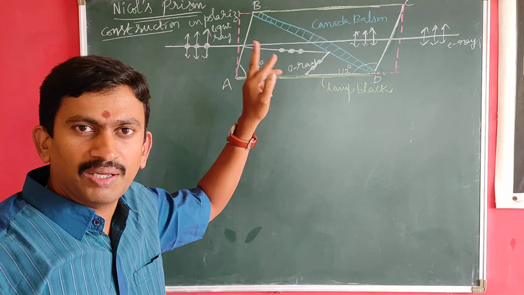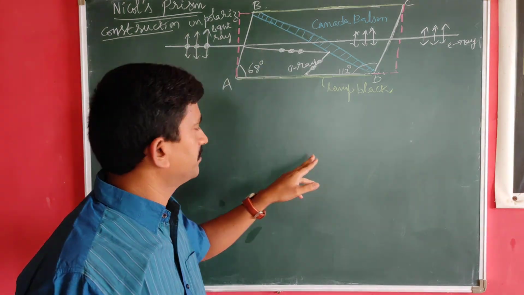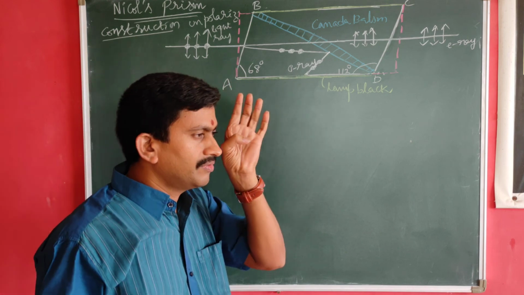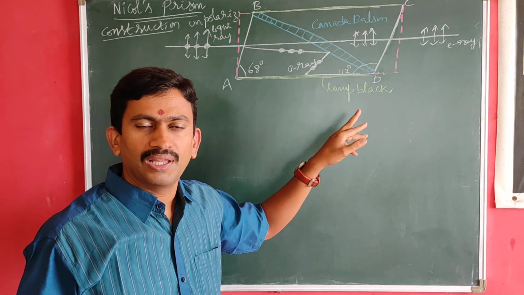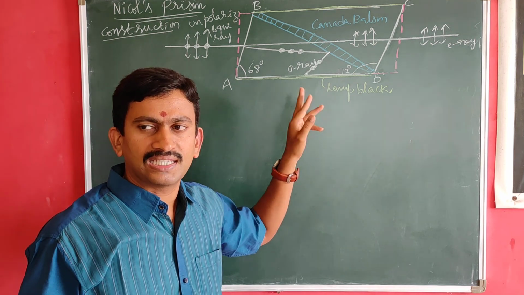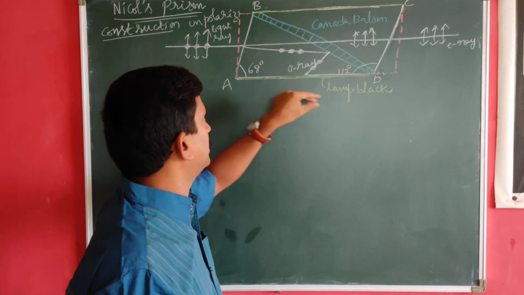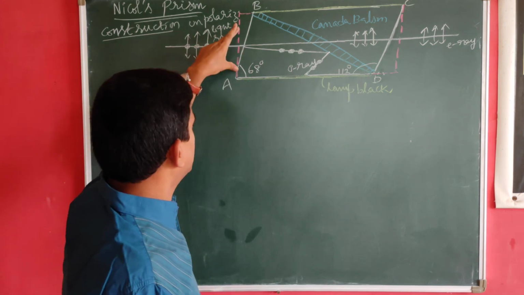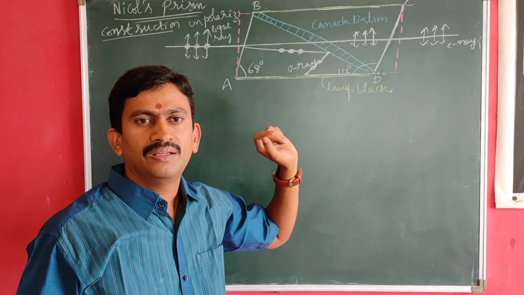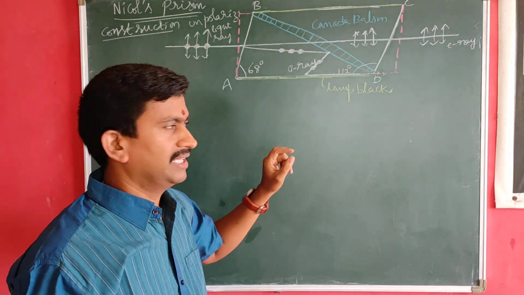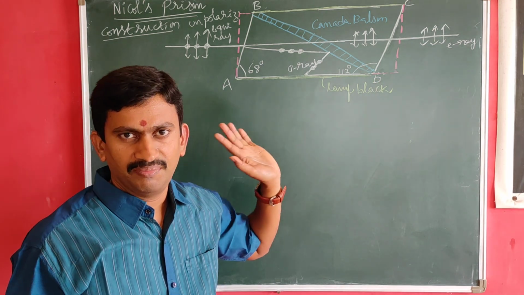This is what Sir William Nicol actually constructed in the year 1828. Simply we can say that the Nicol prism is made from the doubly refracting crystal itself, whose length is 3 times that of its width. For example, if the width is 5 centimeters, then the length becomes 15 centimeters. If the width is 10 centimeters, then the length must be 30 centimeters.